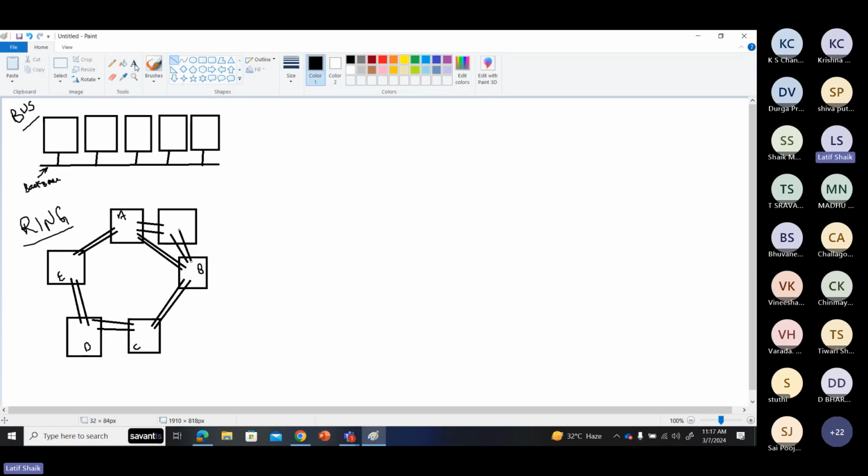This is the old path I have to remove, and again I have to configure the new path in all the devices. So that is becoming more difficult. Scalability is difficult because when we add a new device, the entire path configuration has to be redone, either for a single ring or a double ring.